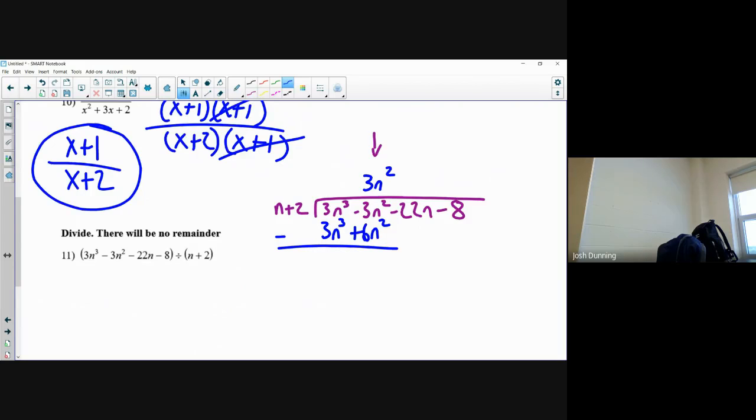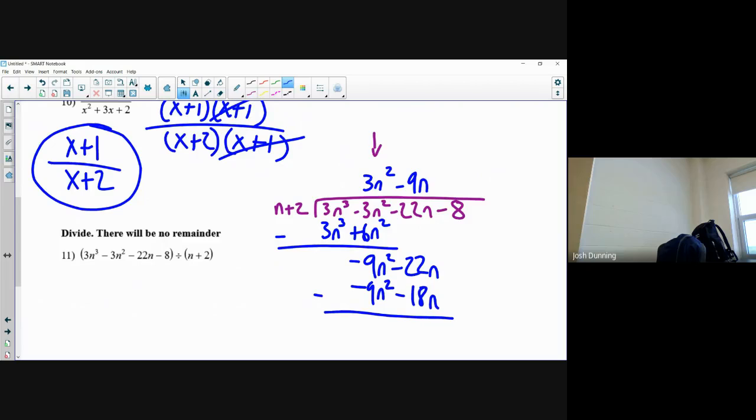Now this is always subtraction. 3 minus 3 cancels. Negative 3 minus 6 minus positive 6 is just negative 3 minus 6, which is negative 9. Bring the 22 down. Well, I got to make n match -9 n squared. So -9 n. -9 times -2 is -18.